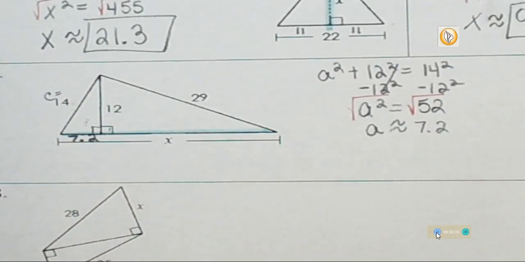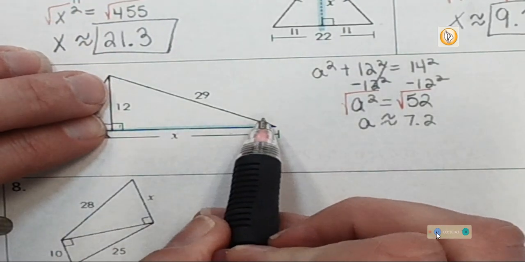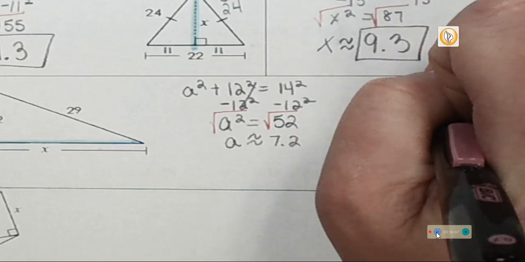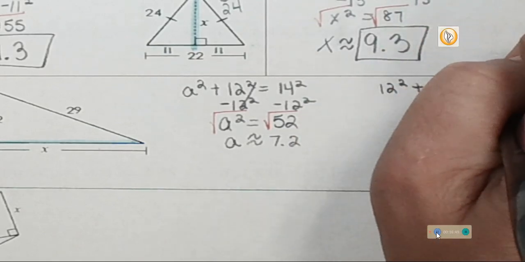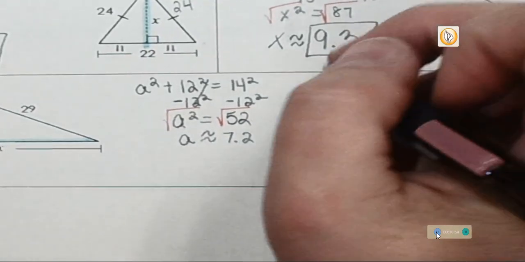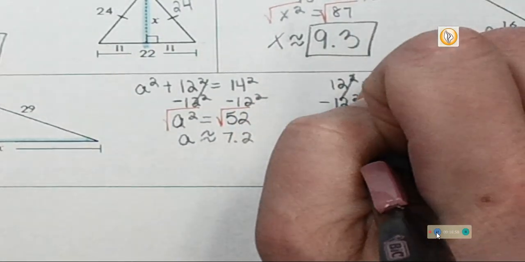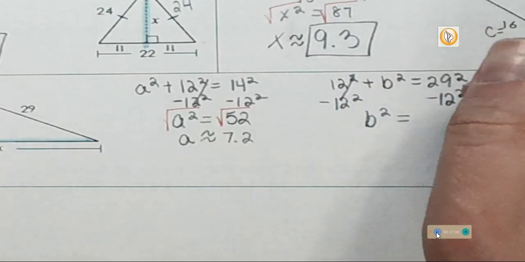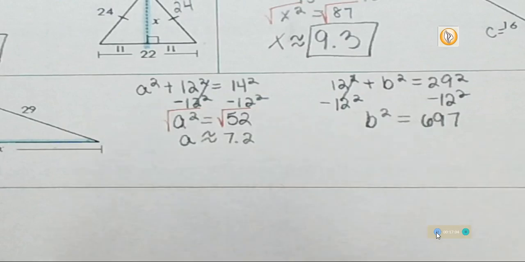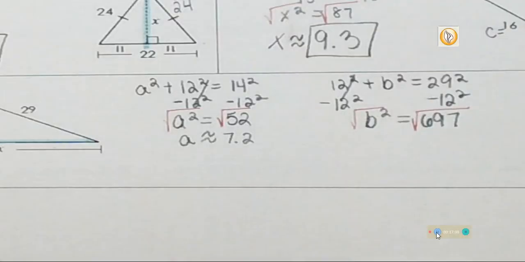Now, when I look at this other triangle, that's a leg, that's a leg, that's the hypotenuse. So I'm going to do 12 squared plus b squared equals 29 squared. You know why I didn't use x? X is the whole length on the bottom. So I'm going to minus 12 squared from both sides. B squared equals 697. How do you unsquare b squared? You take the square root.